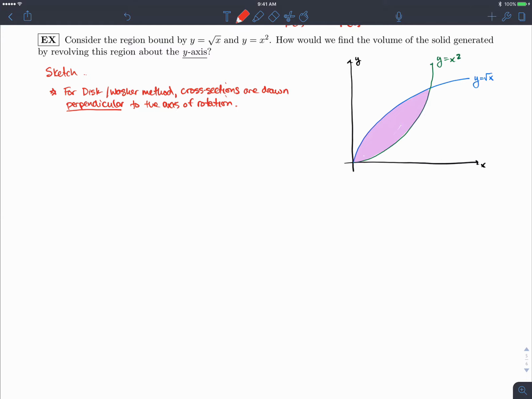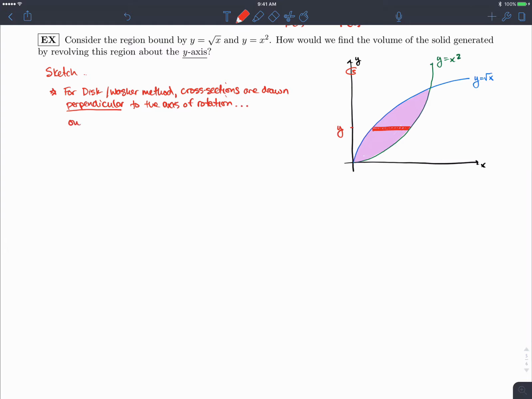So in this case, since we are rotating around the y-axis here, I'm going to draw my cross section perpendicular to that axis of rotation. And what defines that location is some value y. That also tells us that our bounds and our functions need to be in terms of y.